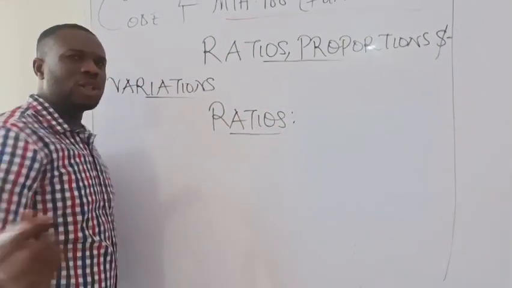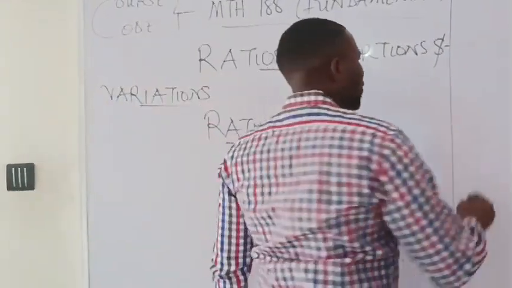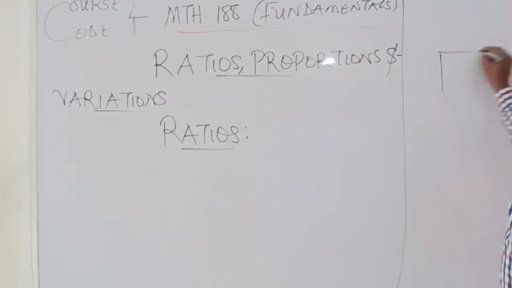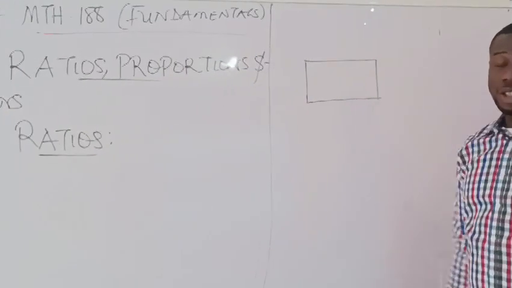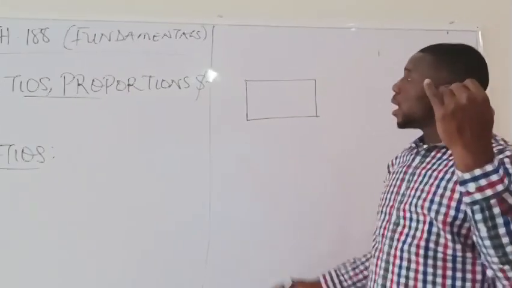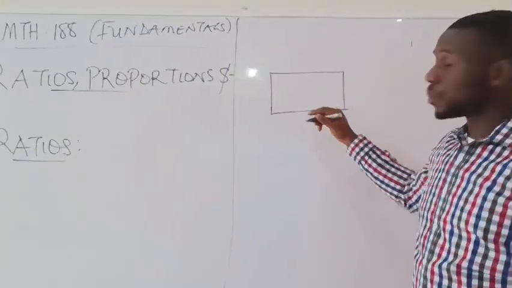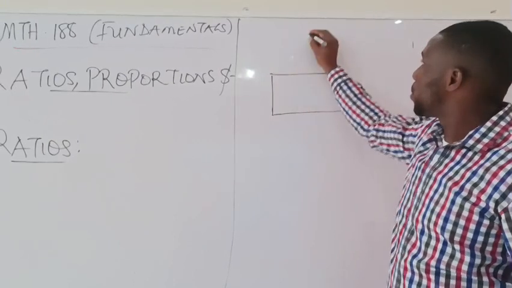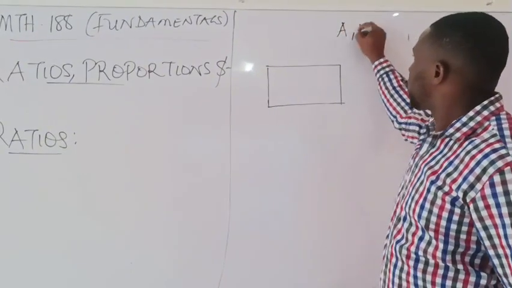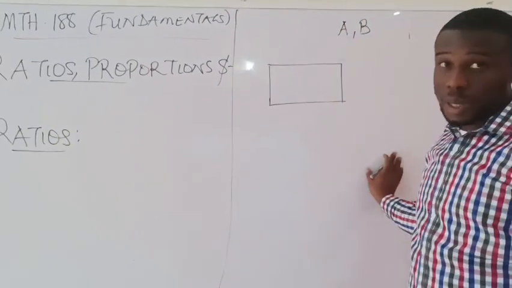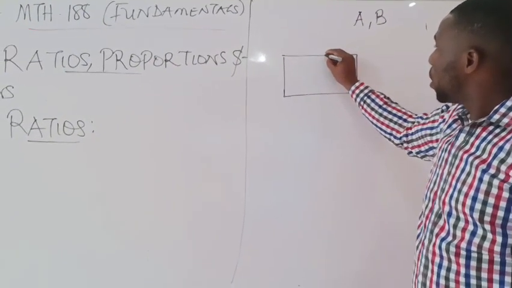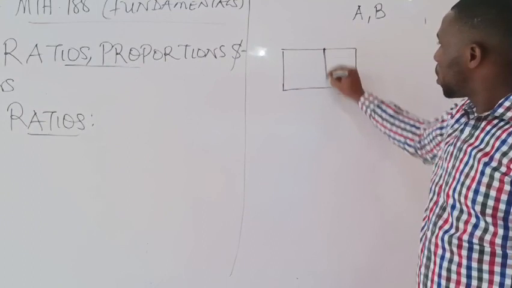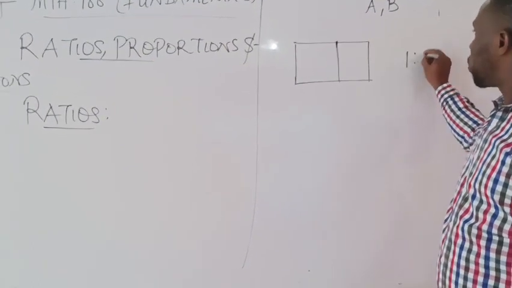So what's simply a ratio? We could take, for instance, let's say I have a piece of gingerbread. Let's say it's rectangular shaped. And let's say I'm to share this piece of gingerbread with two persons, A and B, in this ratio 1 to 4.